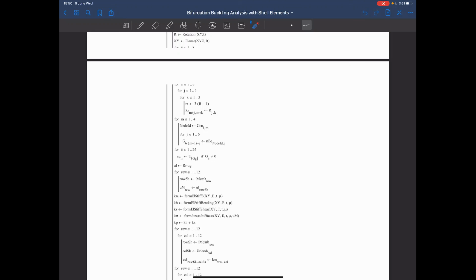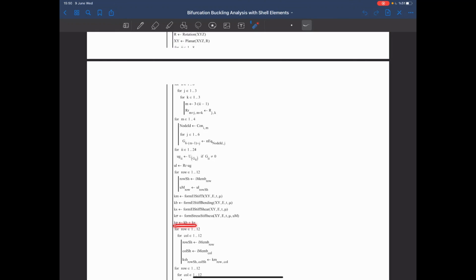And then this is the membrane stiffness matrix. This is the bending stiffness matrix, shear stiffness matrix, and this is the geometric stiffness matrix that uses UM to calculate the membrane forces and obtain the geometric stiffness matrix.